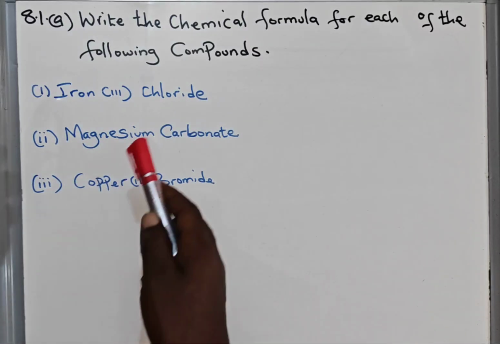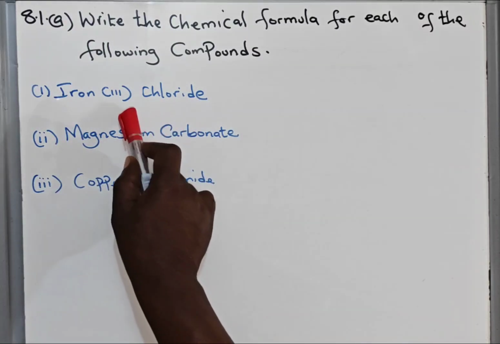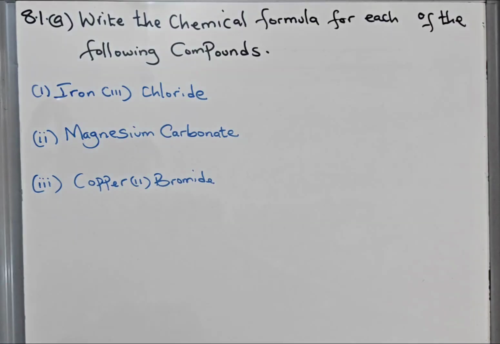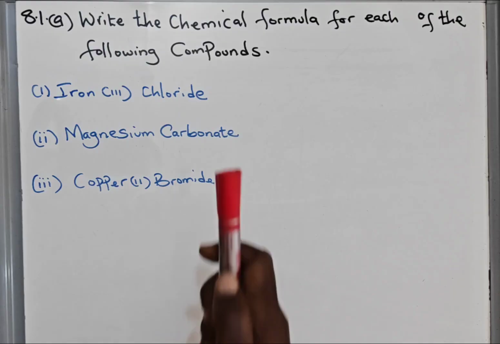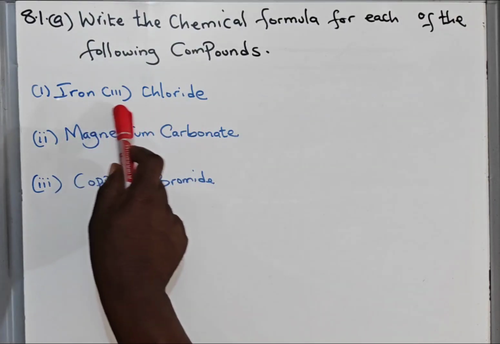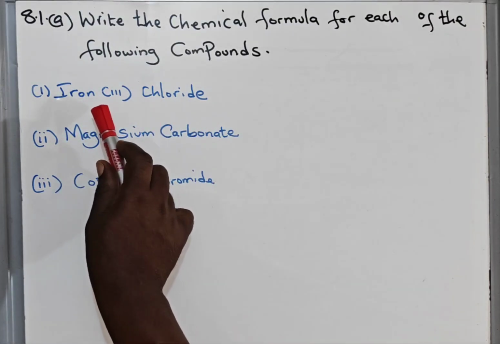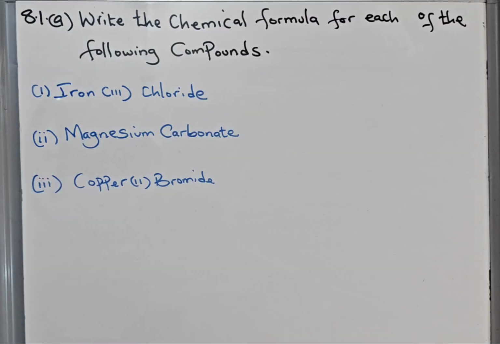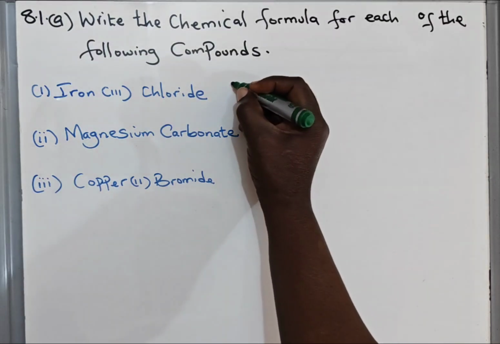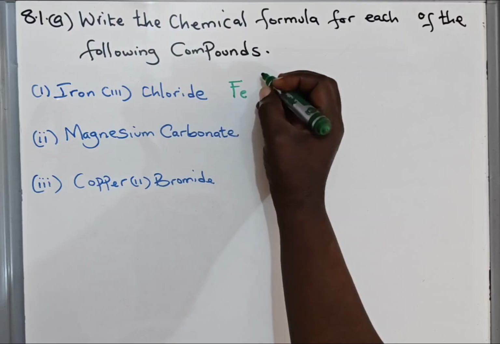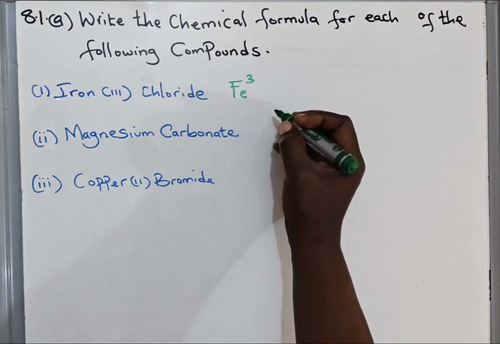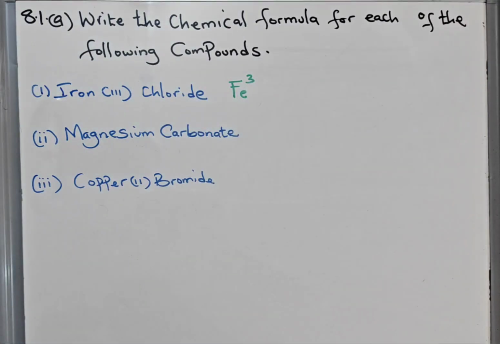They are telling you that in this compound it is iron 3, not iron 2. So we have iron with a combining power or valence of 3.